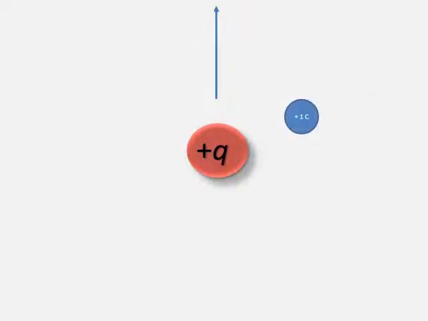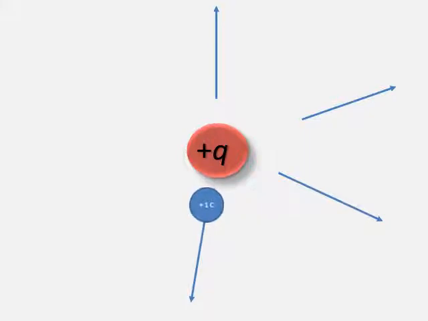Let us put it at some other point. Now we know that there is repulsion between our plus 1 coulomb charge and plus q coulomb charge, and so wherever you place plus 1 coulomb around it, it will be pushed away. So overall we can say that the lines indicate the force experienced by a unit positive charge.